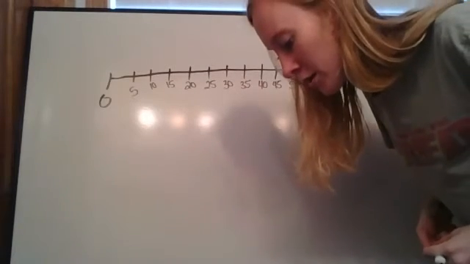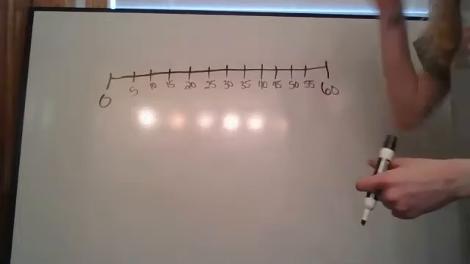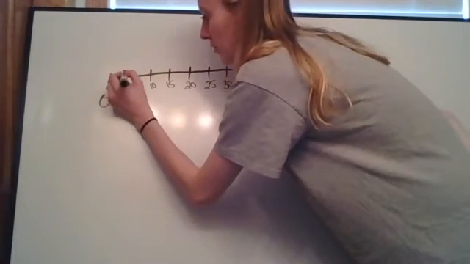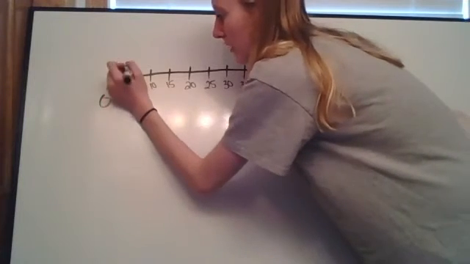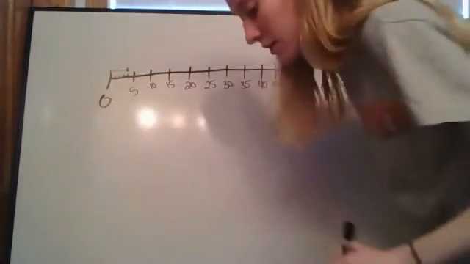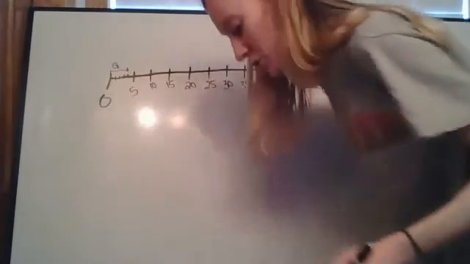Okay, so it takes him 4 minutes to take out the garbage. So I know that 4 is less than 5, so I'm going to go ahead and put those 4 little tick marks. So 0 minutes, 1 minute, 2 minute, 3 minute, 4 minute. That small amount of time is for the garbage. I'm just going to put G for garbage.